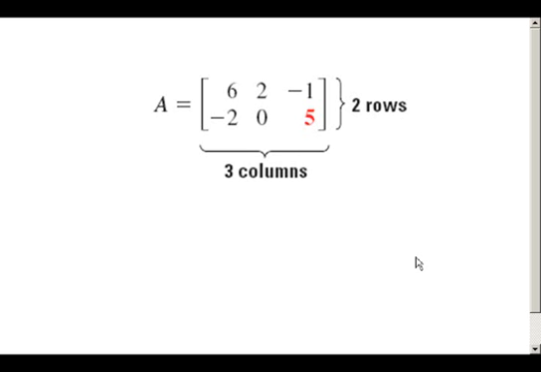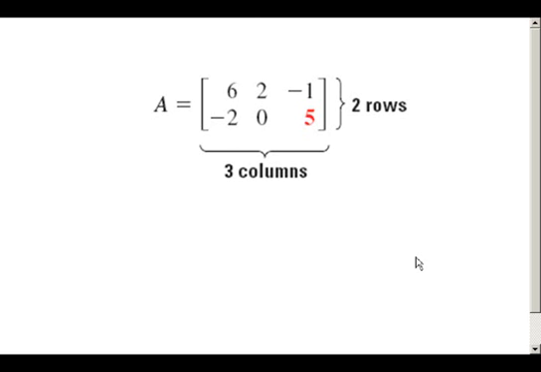A matrix is a rectangular arrangement of numbers in rows and columns. For instance, this matrix, matrix A, is a 2 by 3 matrix. That's the dimensions of this matrix. So it's rows by columns. Rows are horizontal, columns are vertical. There are 2 rows by 3 columns.